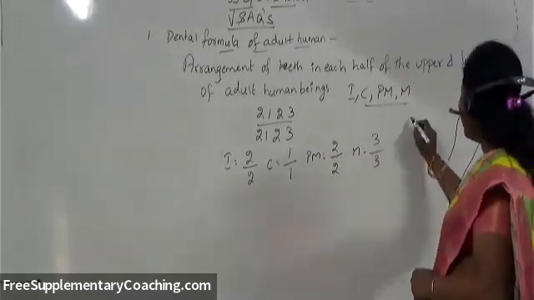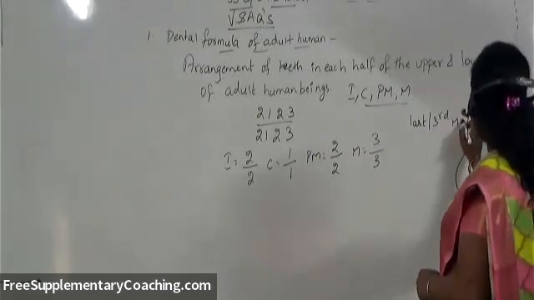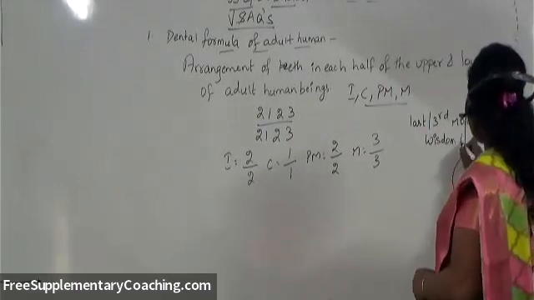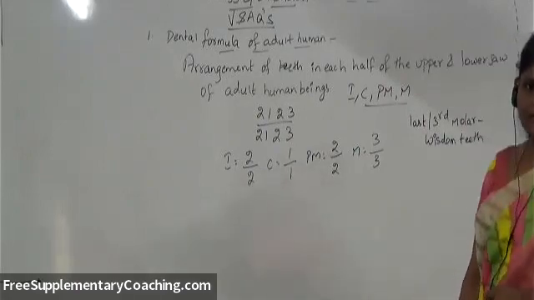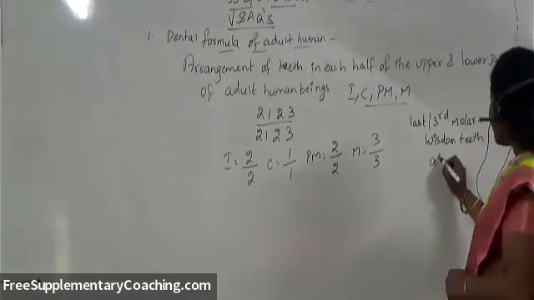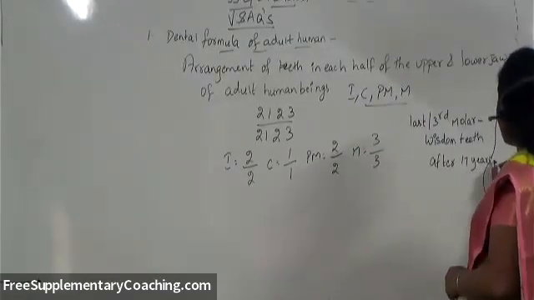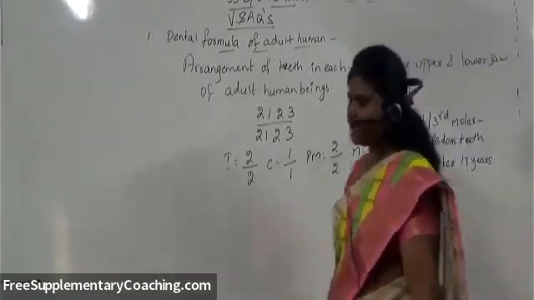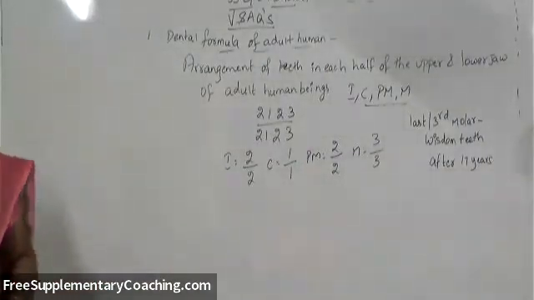The last, the third molar, is called the wisdom tooth. It generally erupts after the age of 17, and it may erupt at any age after that, like 20, 25, 30, or 40.